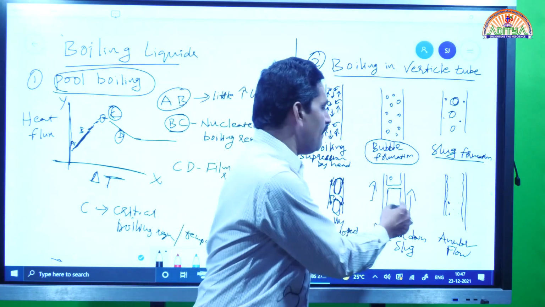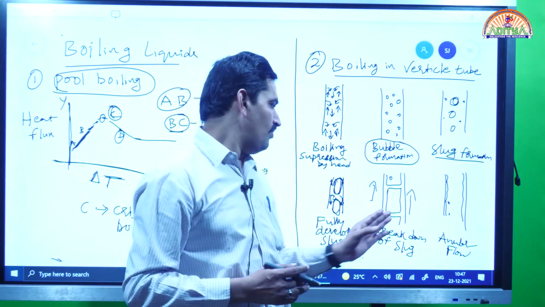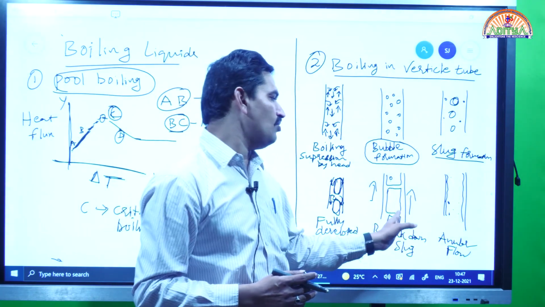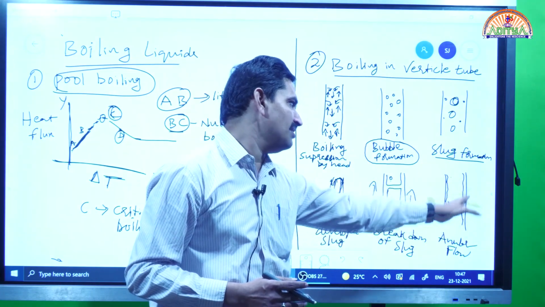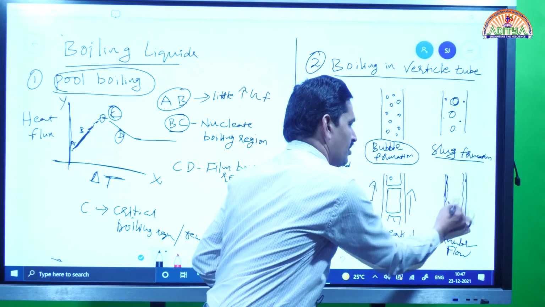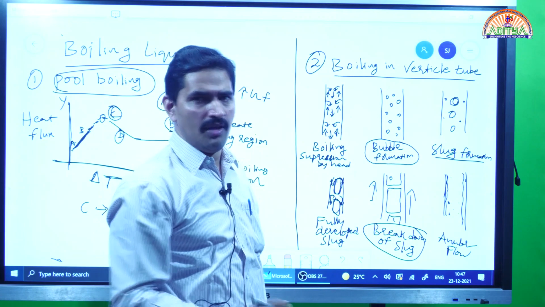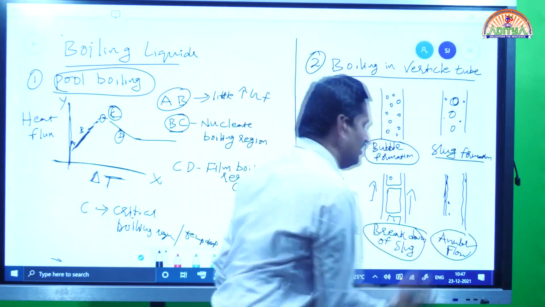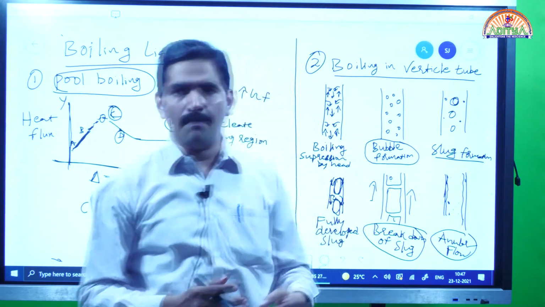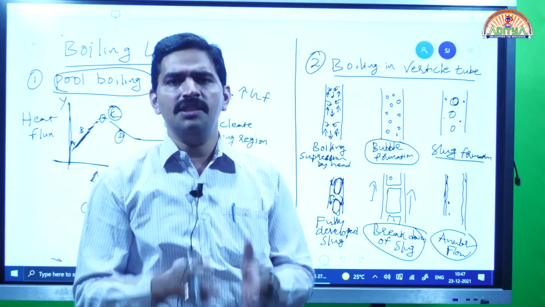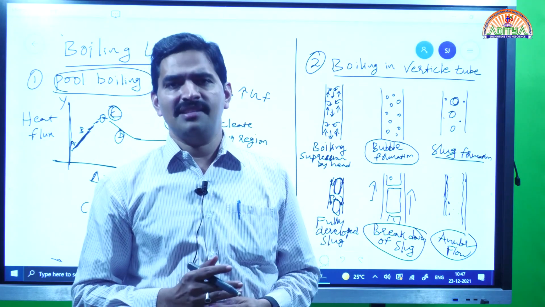So finally, what happens if you are going to supply more heat? Usually the slugs are going to break down, and annular flow of liquid through the walls is going to happen. This is called breakdown of slugs, and this is called annular flow of the liquid. Further, if you supply the heat, the liquid which is flowing along the wall acts as a film.